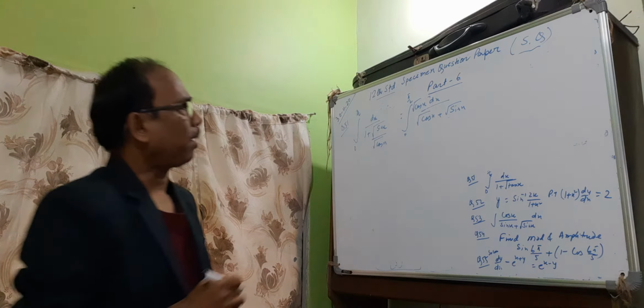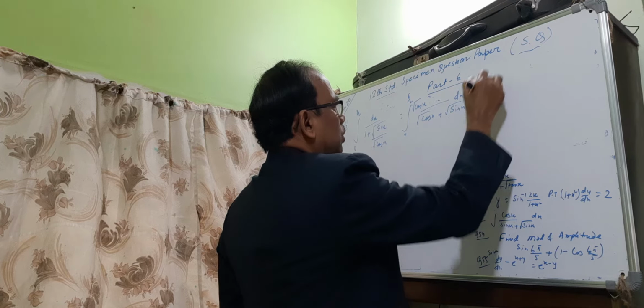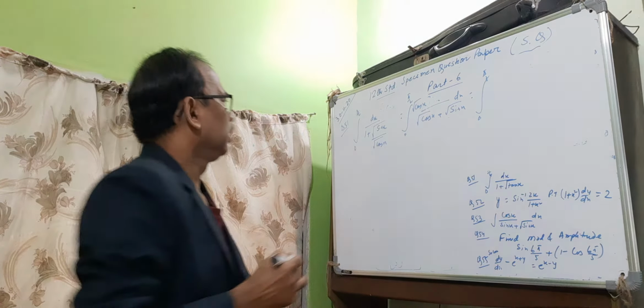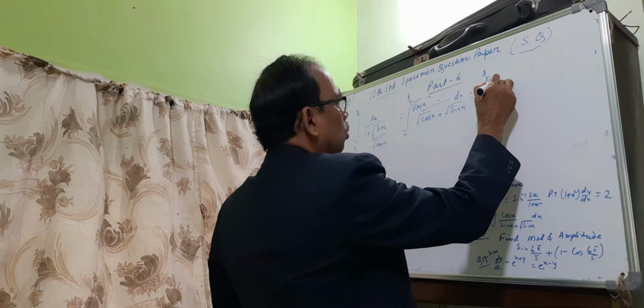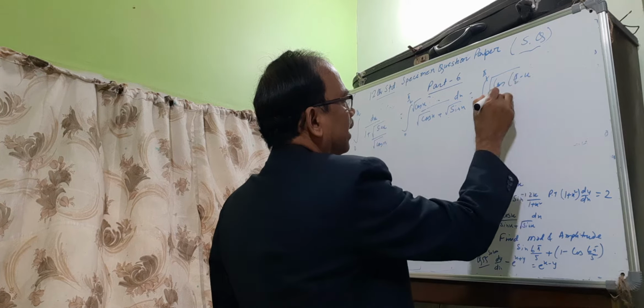Now using the property of definite integrals, from 0 to pi by 2, we replace x by pi by 2 minus x.